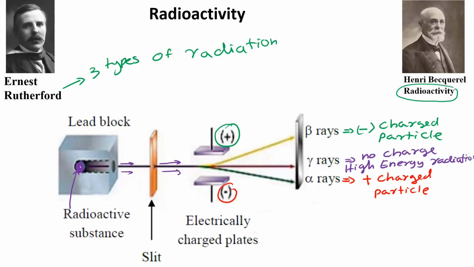So those are findings of Rutherford. Radioactivity was first discovered by Henry Becquerel, but Rutherford did further experiments and went on to find 3 different types of radiation. He didn't stop there. He continued with radiation.